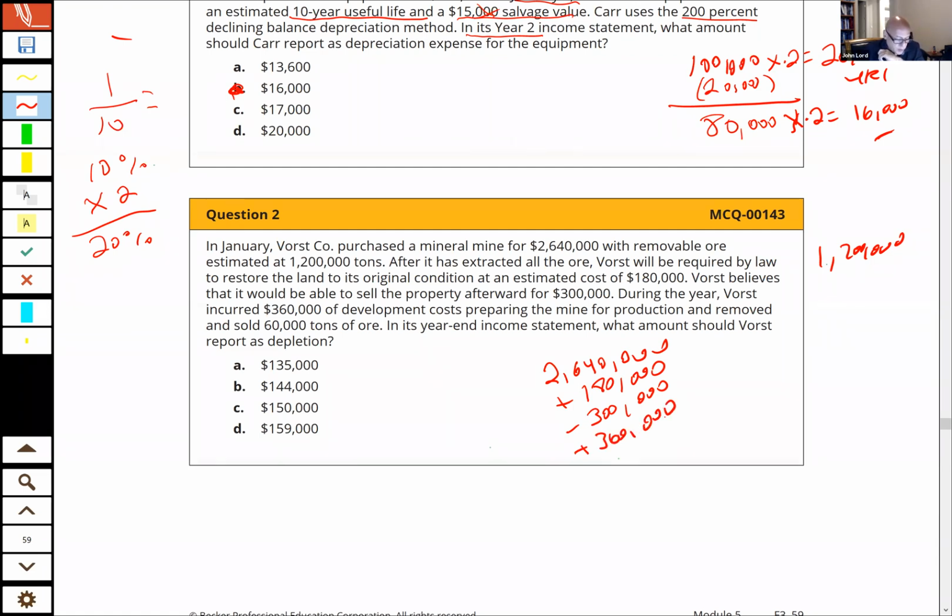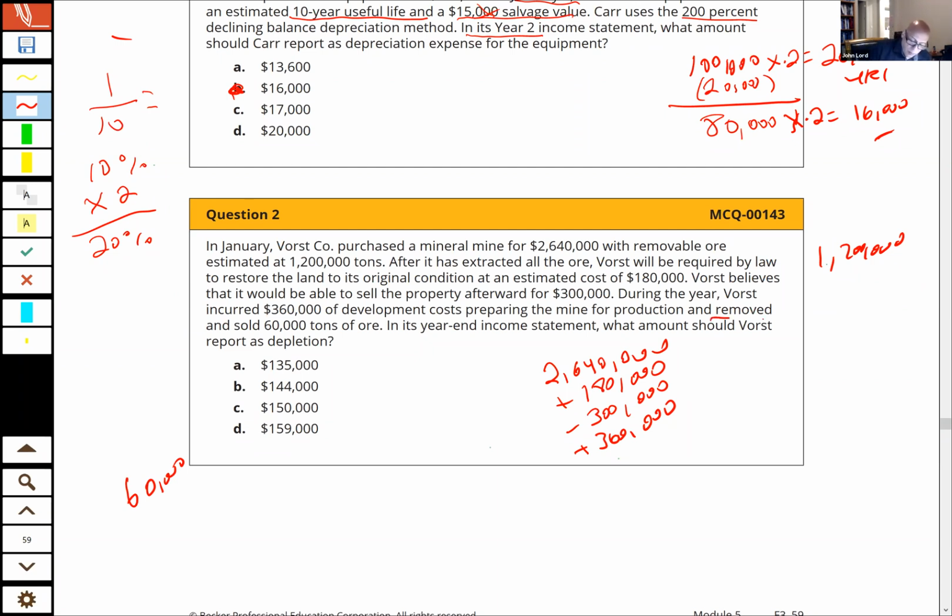During the year, Vorst incurred 360,000 of development costs preparing the mine for production, and removed 60,000 tons of ore. In its year-end income statement, what amount should Vorst report as depletion?